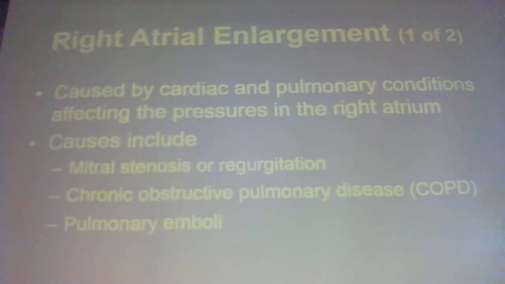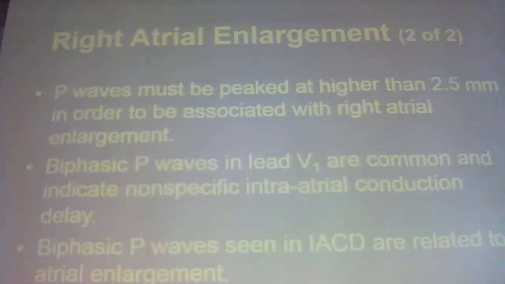Right atrial enlargement, COPD is the number one cause. So it's usually some kind of pulmonary issue that's causing backing up into the right side, and that's causing the right atrial enlargement. So then we get these big, tall, peaked P waves that are higher than 2.5 millimeters, right?